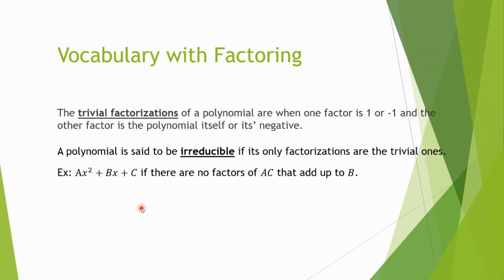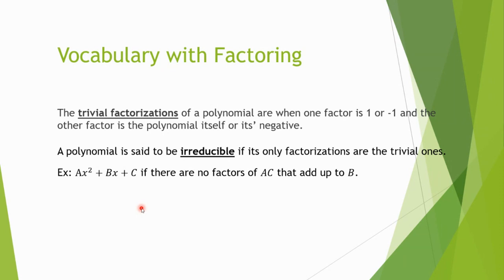It's just like with integers. We call those factorizations trivial for a reason, mostly because they're not going to help us. The whole point of factoring is to make the problem easier, taking it apart piece by piece, and those trivial factorizations won't accomplish that.